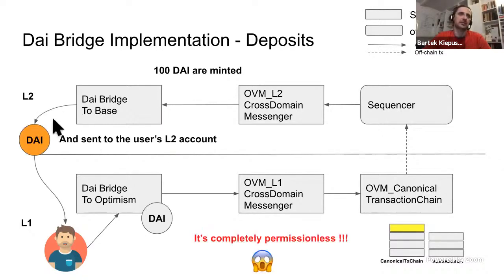And of course, this token will be sent to the user, right, on the L2 account. And I think it's important to know that this construction is 100% permissionless. This bridge does not introduce any additional trust assumption. There is no operator, there is no multisig, there is nothing, right? This just works and it will always work.